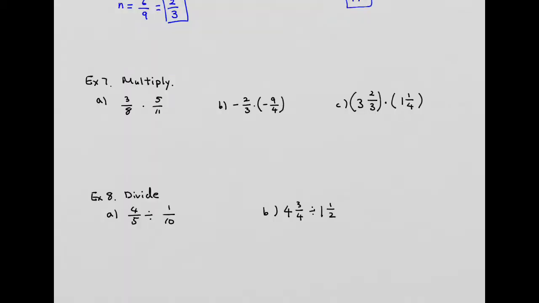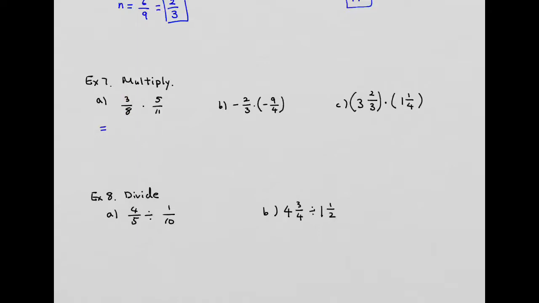Example 7. Let's see if we can do the multiplication of fractions. For multiplication, you just need to remember you want to simplify before you multiply. Okay? So if I look at 3 over 8 versus 5 over 11, I don't see any commons. Not even across, right? So 3 and 11 don't have any common factor. 5 and 8 don't have any common factor.